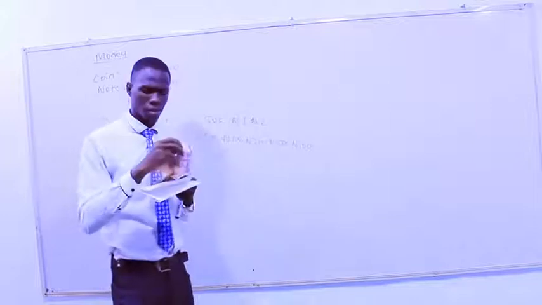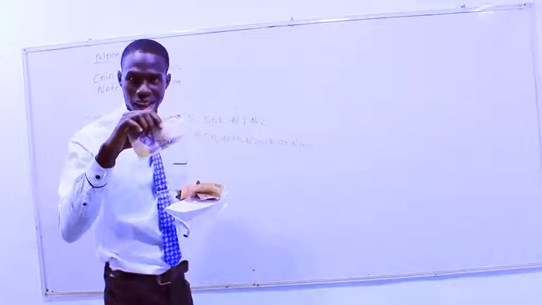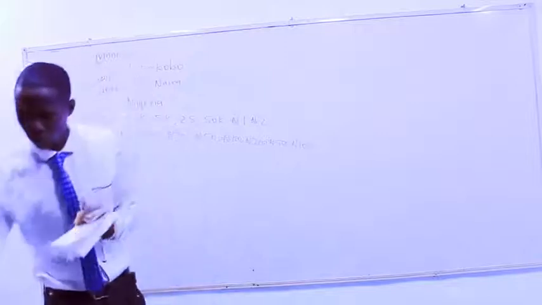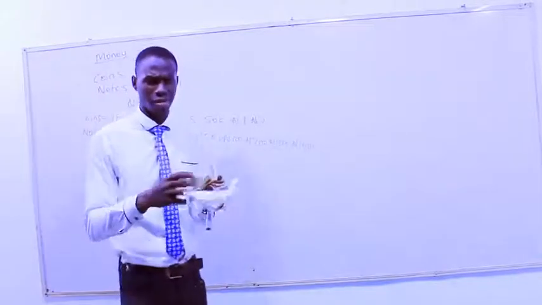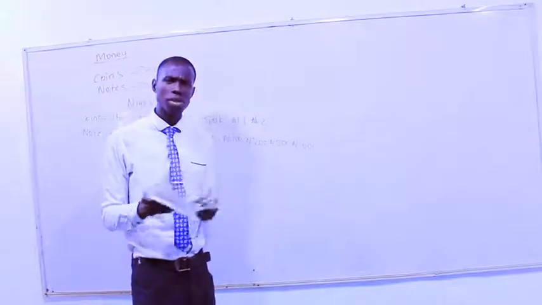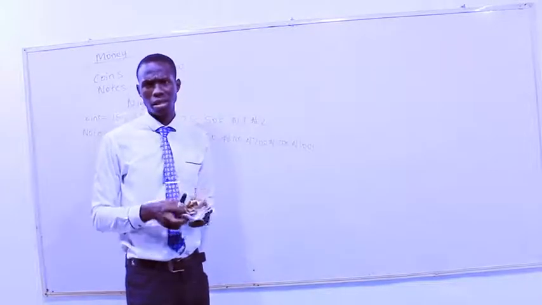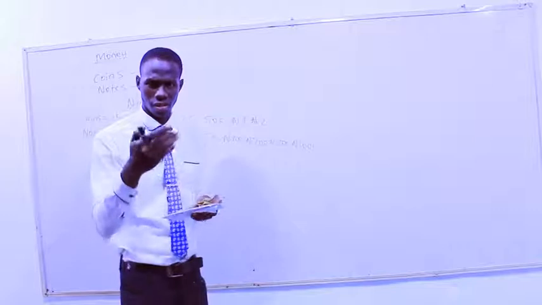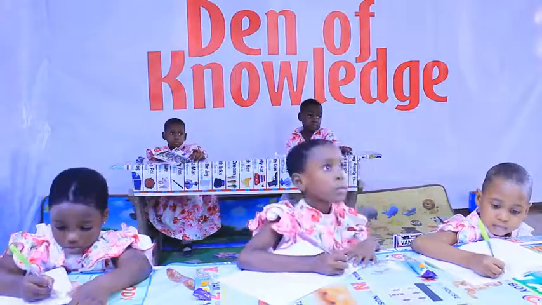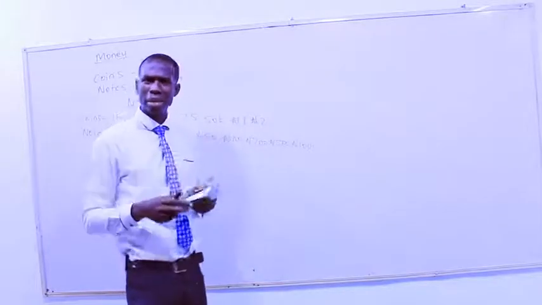And we have 500 naira note. This is how notes look. We also have 20 naira notes. Like this, it appears like paper. And what are the uses of all this? Their main use is for exchange. We use them to make an exchange, that's transaction: buy, sell, buy, sell.